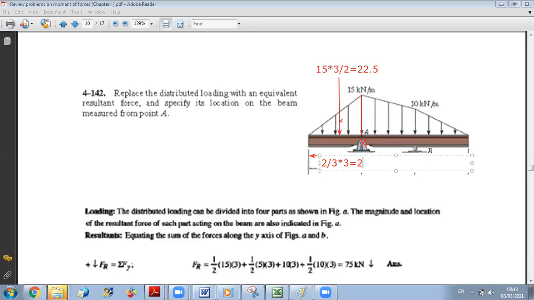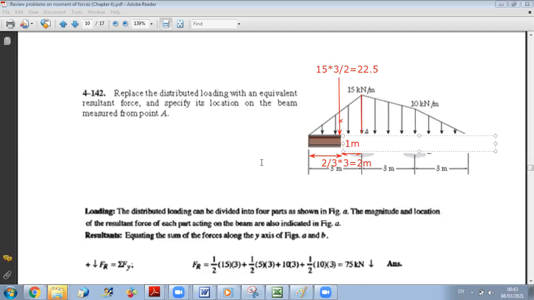So now you know that your force is acting at 2 meters from the origin. And since you are interested in point A, then you can say that this distance from the base will be 1, because it's 1/3 of 3, so this is 1 meter here. Now, we are done with the reduction of the first force.